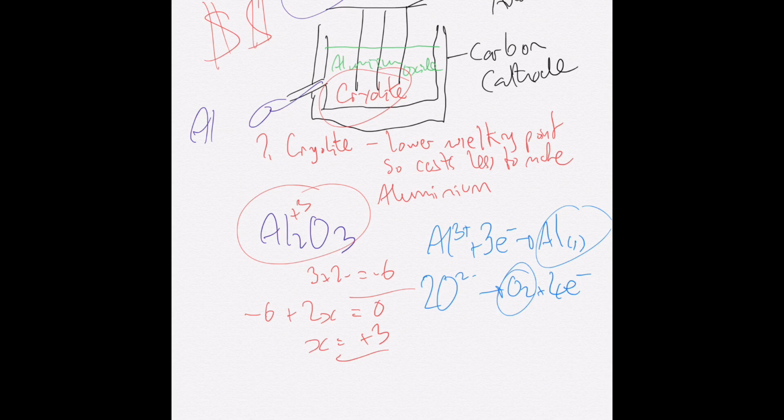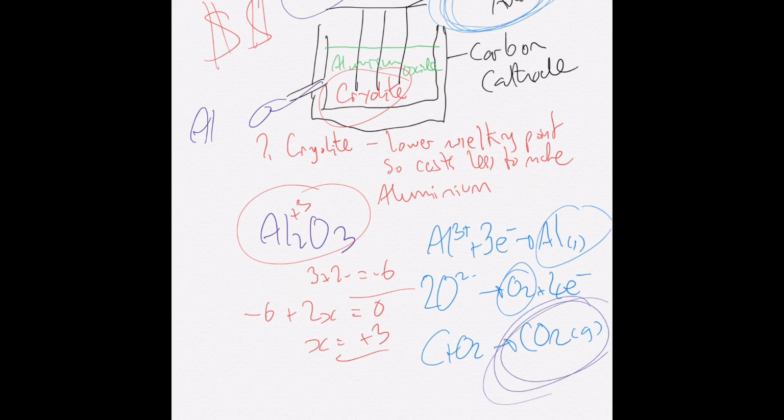And that's great because we'll make some oxygen. What am I going to do with the oxygen? Well, these electrodes are made of carbon. And the carbon reacts with the oxygen and it makes CO2. And you're like, great, greenhouse gas, woohoo! Well, yeah, because you could just vent this to the atmosphere, and I'm sure in the olden days that's what they used to do.